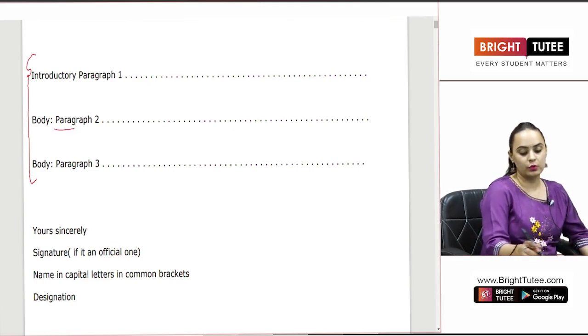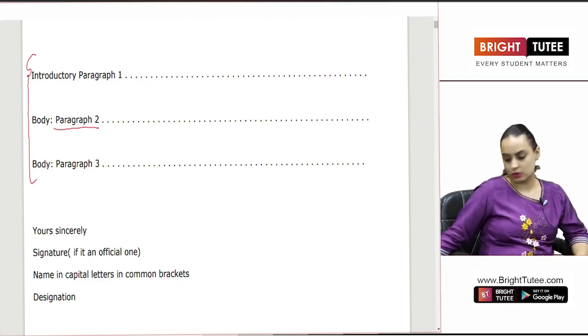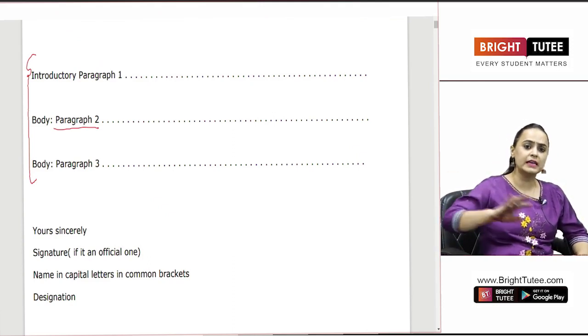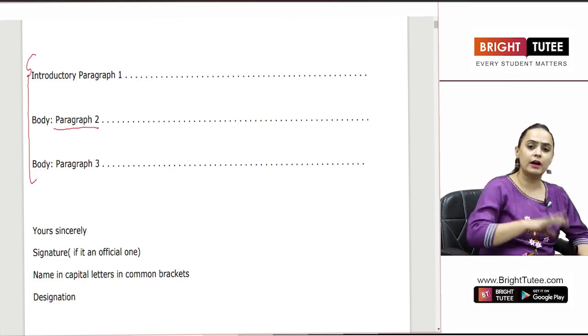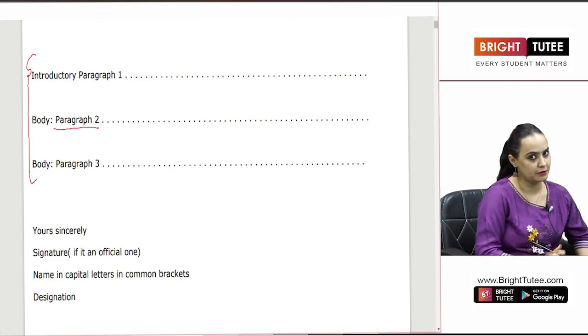Paragraph 2 is going to be a detailed paragraph in which you will mention the positives, negatives, causes, advantages, disadvantages. Everything is going to be written in the second paragraph.